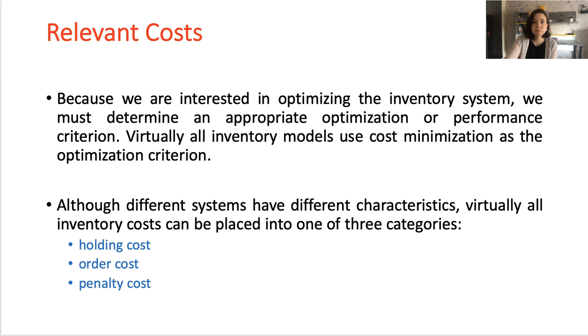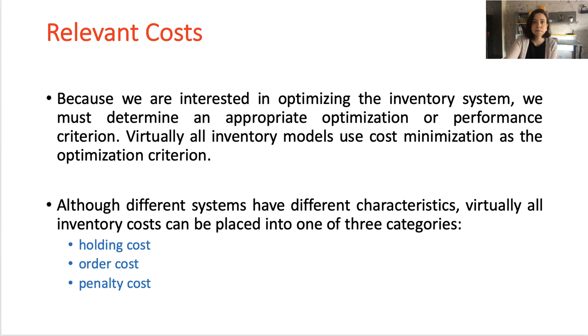An alternative performance criterion might be profit maximization. In fact, cost minimization and profit maximization are essentially equivalent criteria for most inventory control problems. For that reason, in this video also we will use cost minimization as our performance criterion.